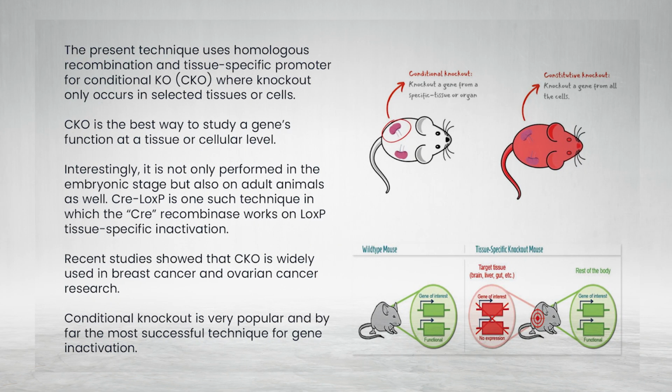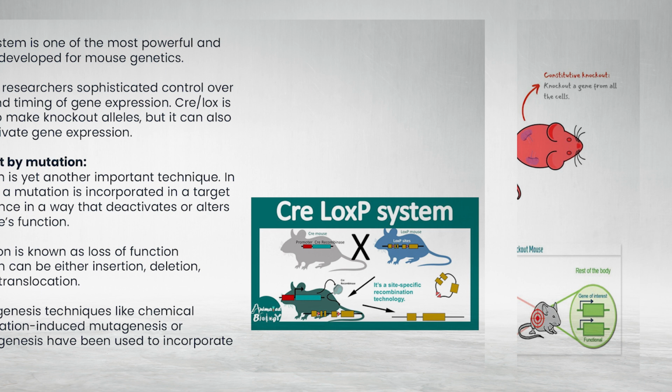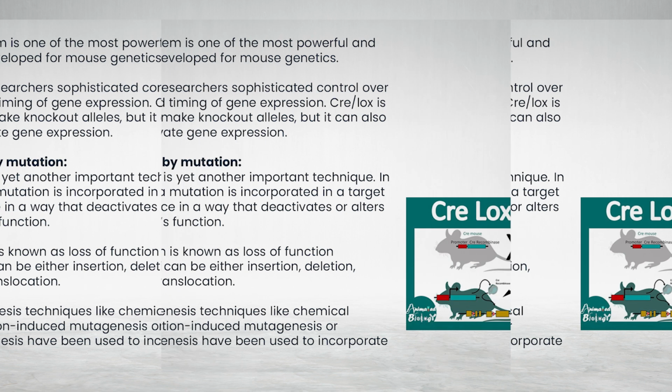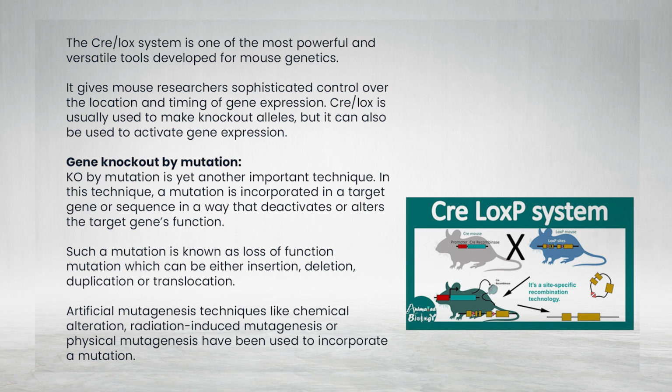Conditional knockout is very popular and by far the most successful technique for gene inactivation. The Cre-Lox system is one of the most powerful and versatile tools developed for mouse genetics. It gives mouse researchers sophisticated control over the location and timing of gene expression. Cre-Lox is usually used to make knockout alleles, but it can also be used to activate gene expression.